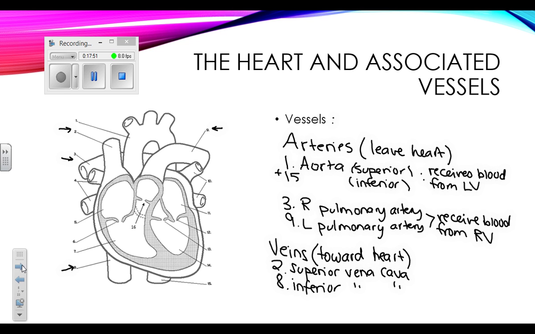So this is a big, humongous vein that brings all of the blood back to your heart from your body tissues. The superior vena cava brings blood from the upper part of your body, so sort of shoulders and up, so head, arms, etc. And the inferior vena cava brings blood from the bottom part of your body, so the bottom of your torso and your legs.